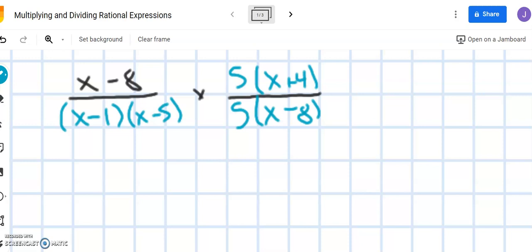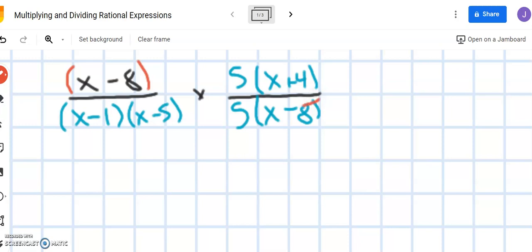So since I've got everything in factored form, I can now go in and try to reduce my fractions. Remember that we said when you see an x and a number with a plus or minus sign in between, we want to make sure that those stay grouped together. So if I want to get rid of this x minus 8, I need another x minus 8 on the bottom somewhere.